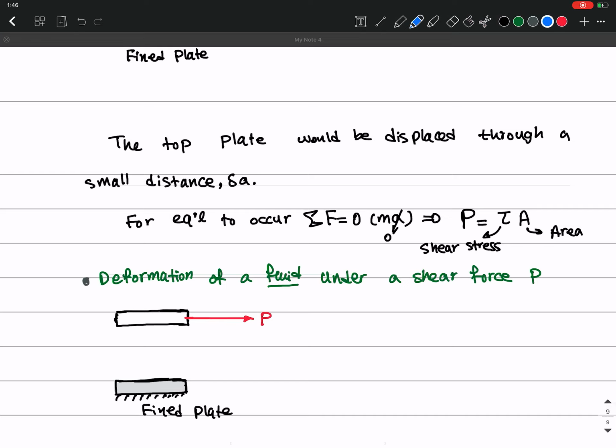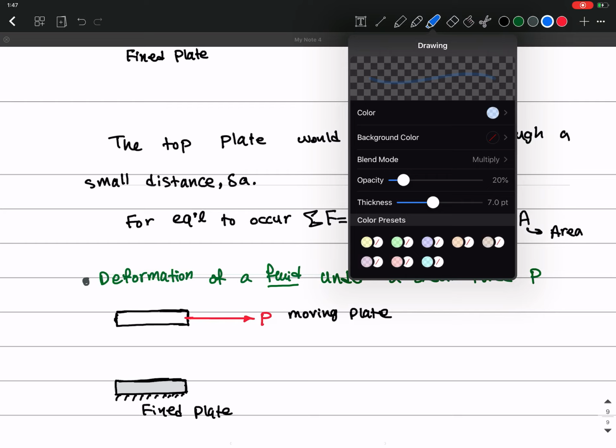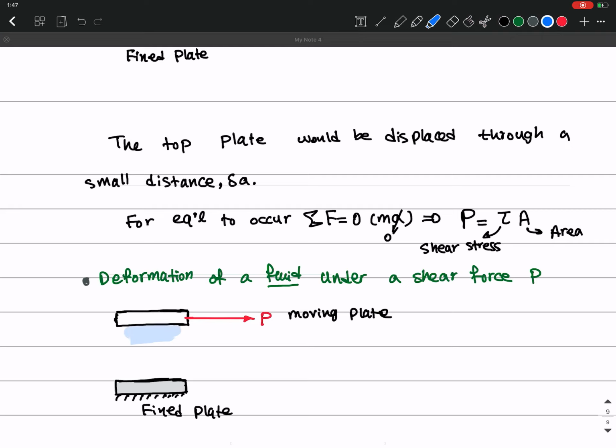What's going to happen now is we are going to have a moving plate. What do I mean by that? Imagine you have water here.